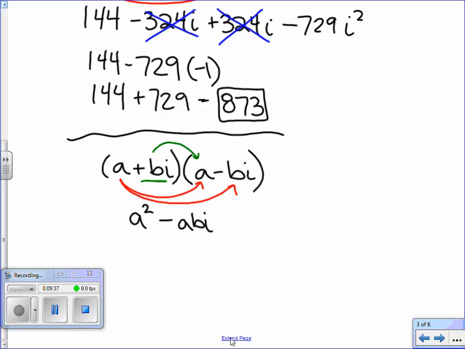That'll be plus abi. Again, I can rearrange those because multiplication is commutative, and I like to write stuff in alphabetical order. Then I'll take bi times negative bi. Well, a positive b times a negative b is a negative b squared, and an i times an i is i squared, so I get minus b squared i squared.